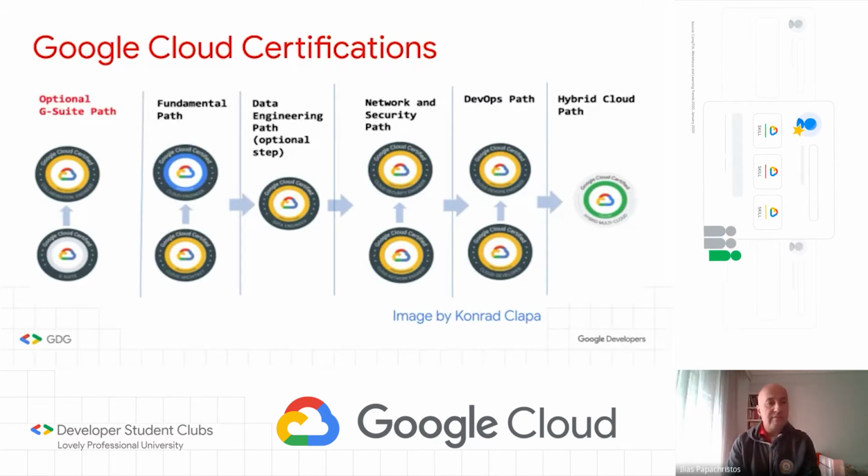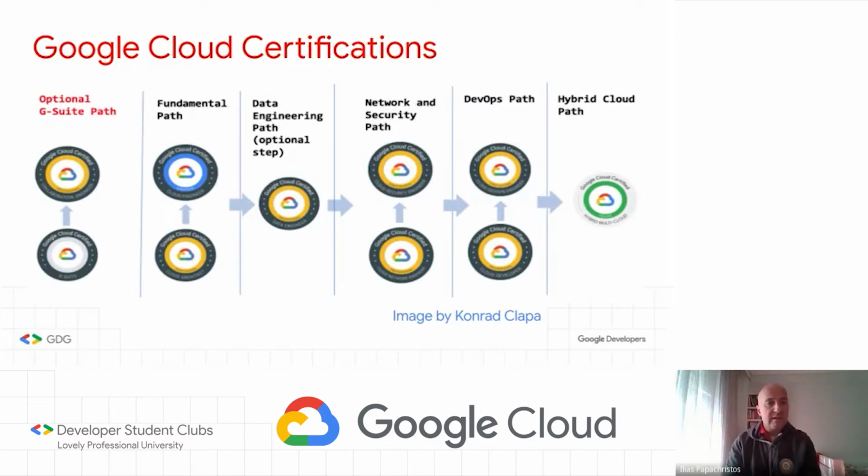And then we have the fundamental path. Konrad believes that it's good to start with either the associate cloud engineer or the cloud architect. And to tell you the truth, I agree with him, because for these two examinations, you have to understand the whole technologies that Google Cloud Platform has and how you can work with them.